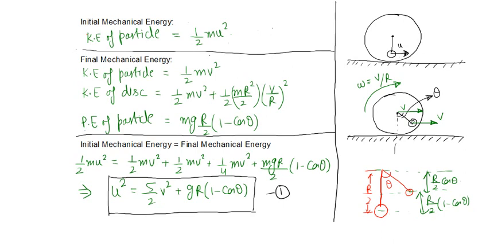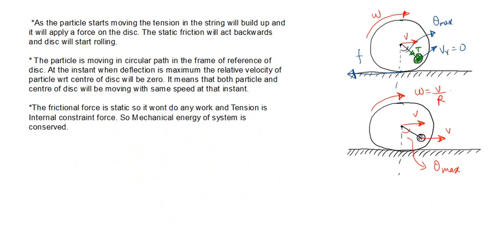Okay, so one common mistake that any student can make in this particular problem is trying to apply law of conservation of angular momentum. So in a lot of questions related to pure rolling, what we do, we try to apply law of conservation of angular momentum about any point on this line.